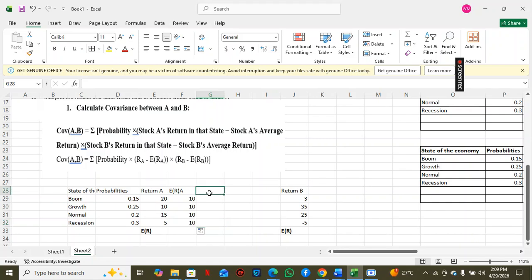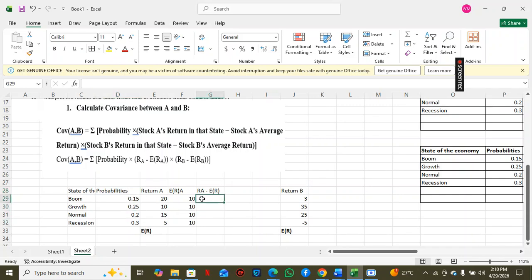Then here you're going to say return of A minus expected return of A. The probabilities will stay here as they are.